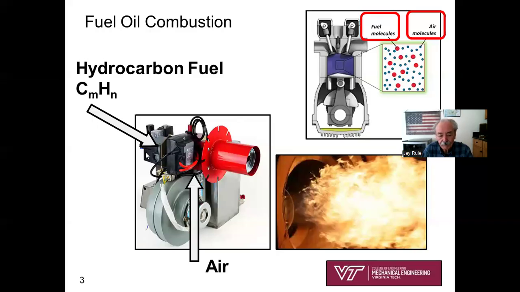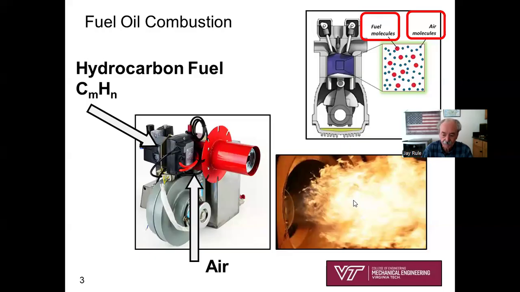The hydrocarbon fuel, like perhaps number 2 fuel oil, heating fuel, that's an awful lot like diesel fuel, is admitted through a pump. Those two are combined in the open system, and the exhaust products and the heat are released, so what's coming out of here is going to be the exhaust products.